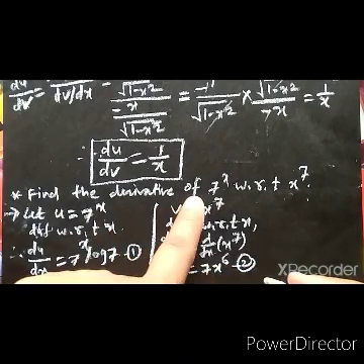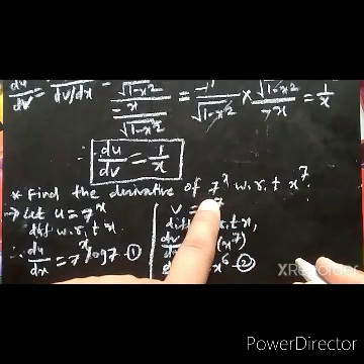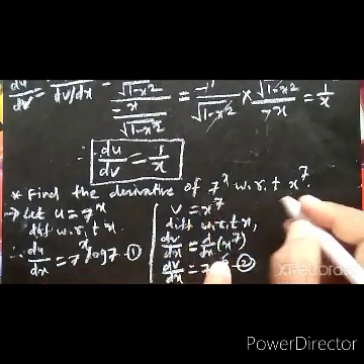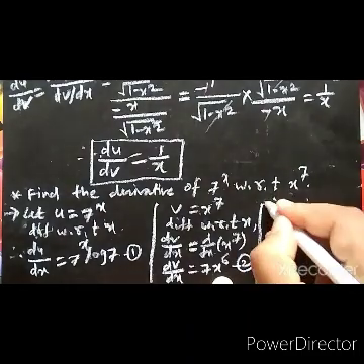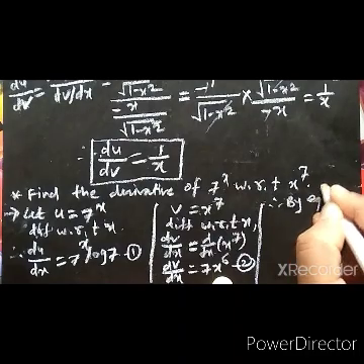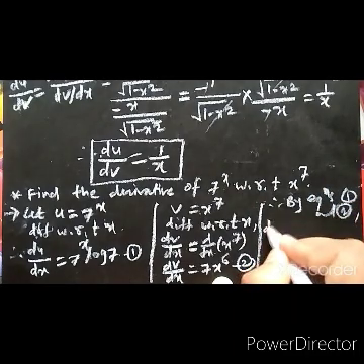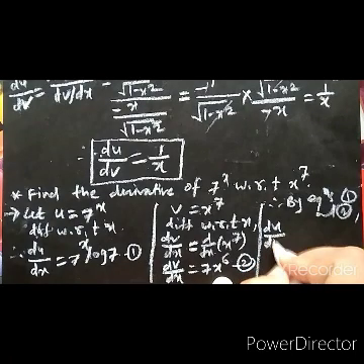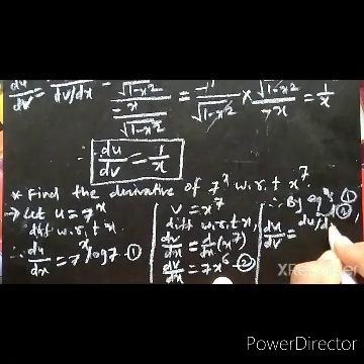Here we have to find the derivative of 7 raised to x with respect to x raised to 7. It means u with respect to v, that is du by dv. Therefore by equations 1 and 2 we get du by dv is equal to du by dx upon dv by dx.